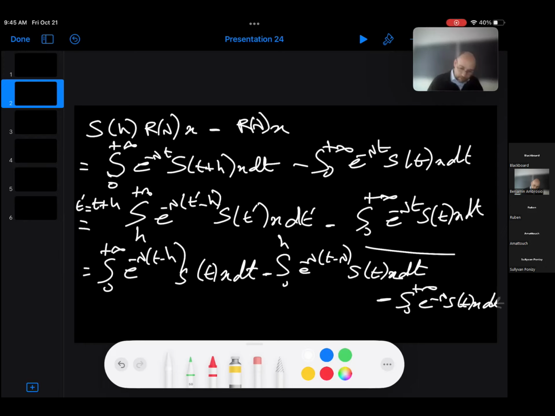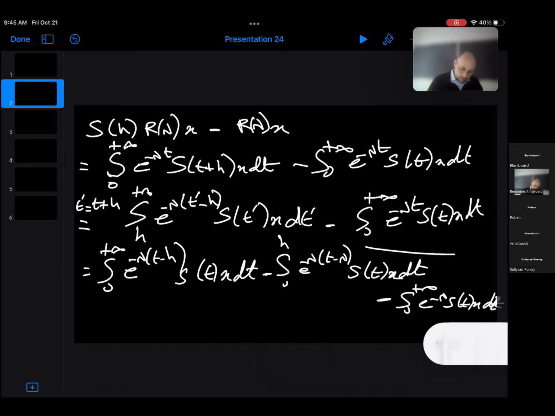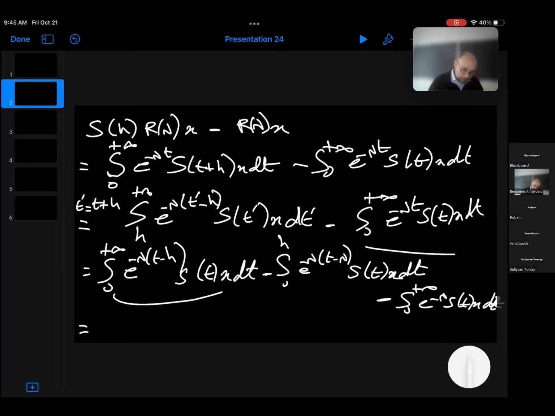And so let's see what we get now. I can take out exponential lambda h, which doesn't depend on t, minus 1. And here I have that.